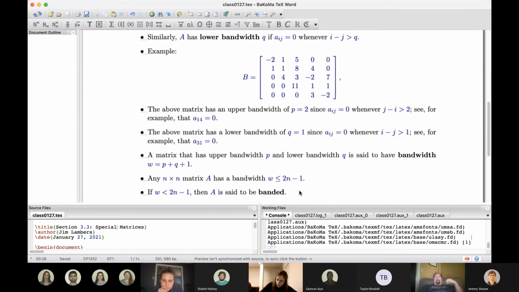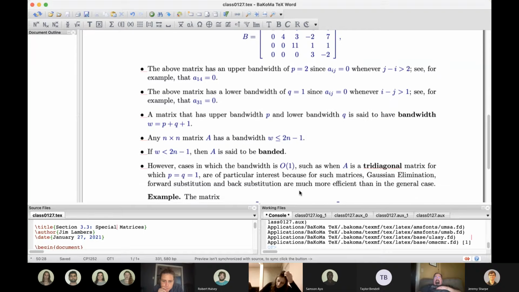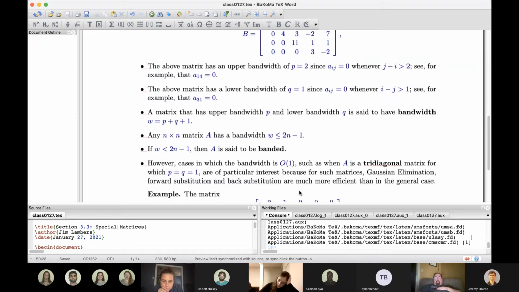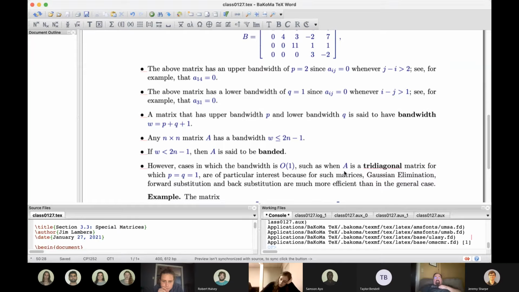Because that's when solving Ax equals b by Gaussian elimination gets a whole lot cheaper than the general case. So one example of this is if the upper and lower bandwidth are both equal to 1, then we have a tridiagonal matrix. You have 3 non-zero diagonals: main diagonal, 1 superdiagonal, 1 subdiagonal.